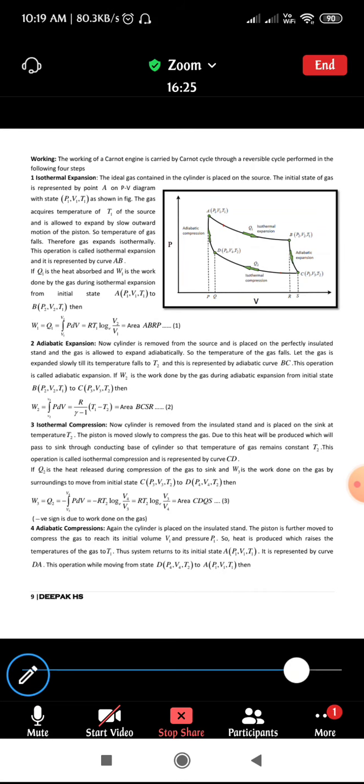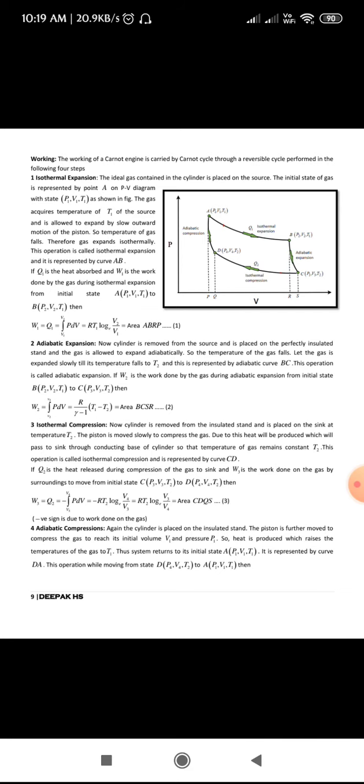Okay, so this is regarding the isothermal expansion. Did you follow? Carnot's cycle is very, very important. As I said, it is a 5 marks question, and this derivation is a little bit lengthy. So just go through this isothermal expansion once.